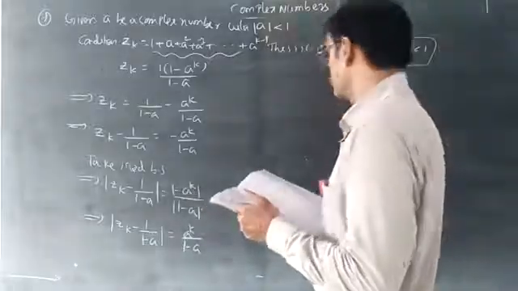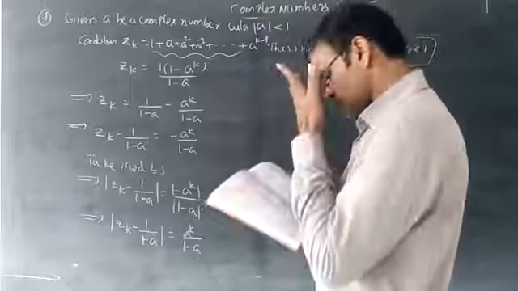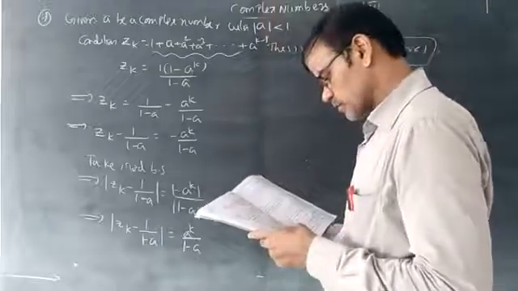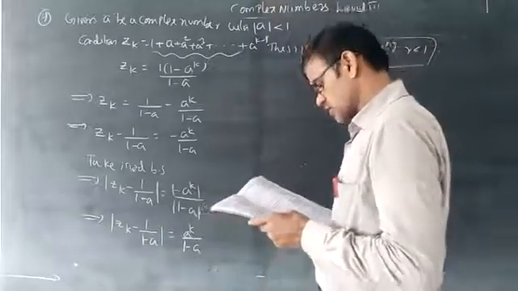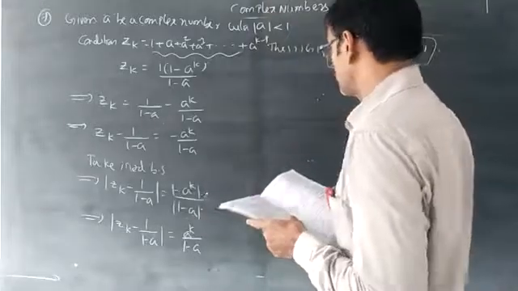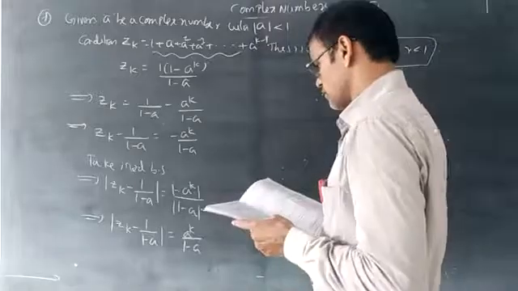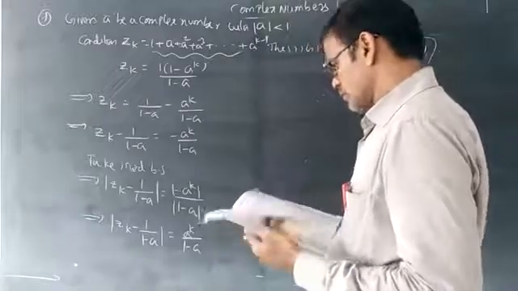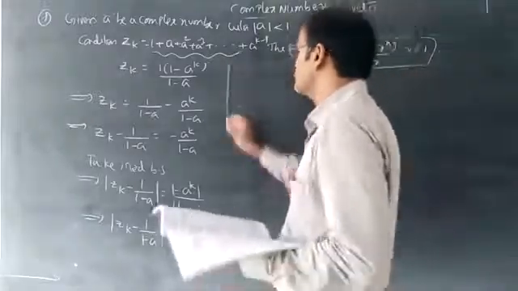So whenever this is 1 minus A power k we got. According to option this one, mod A power k, mod A less than 1 is there. Mod A power k should be 1.